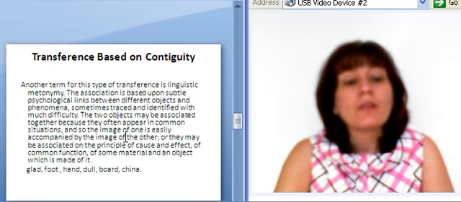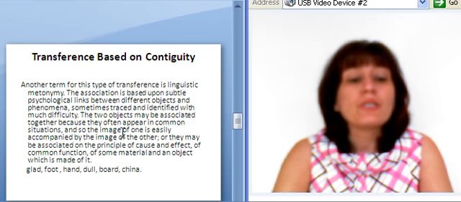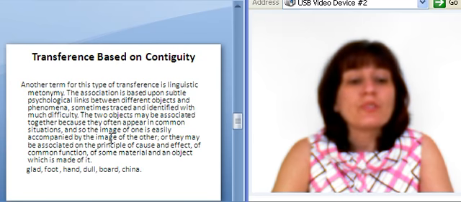Transference based on contiguity. Another term for this type of transference is linguistic metonymy. The association is based upon subtle psychological links between different objects and phenomena, sometimes traced and identified with much difficulty.